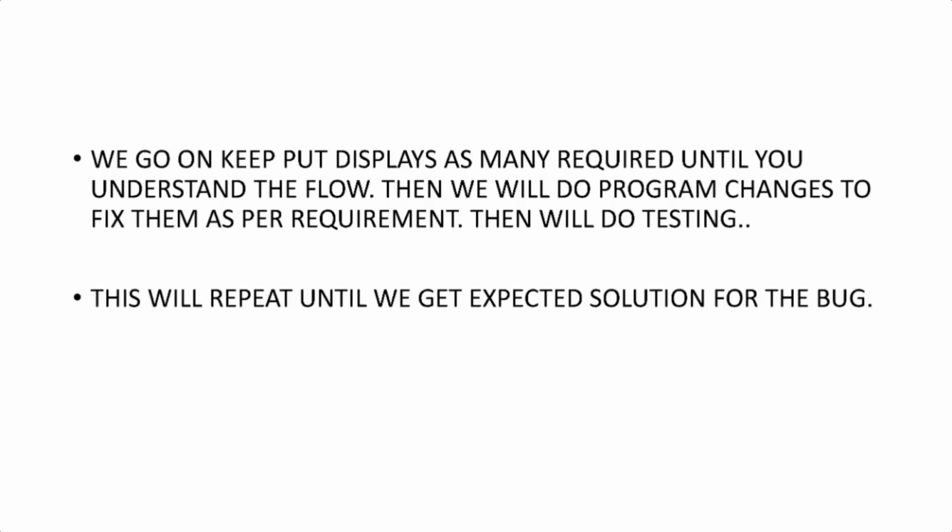If the testing is successful, then we will go to the next regions, as I told you about real time. If not, this will repeat: keeping some other displays, testing again, and finding where the cause of the issue is. This will repeat until we get the expected solution for the bug.